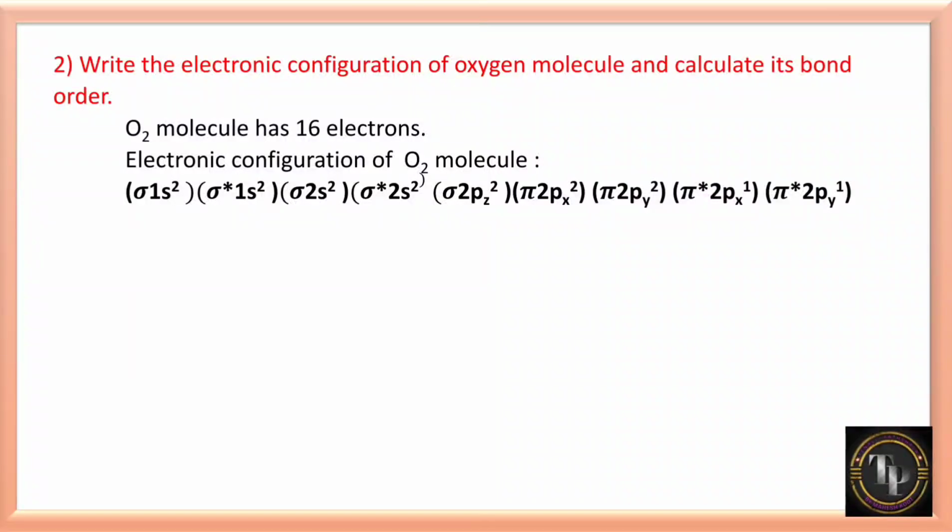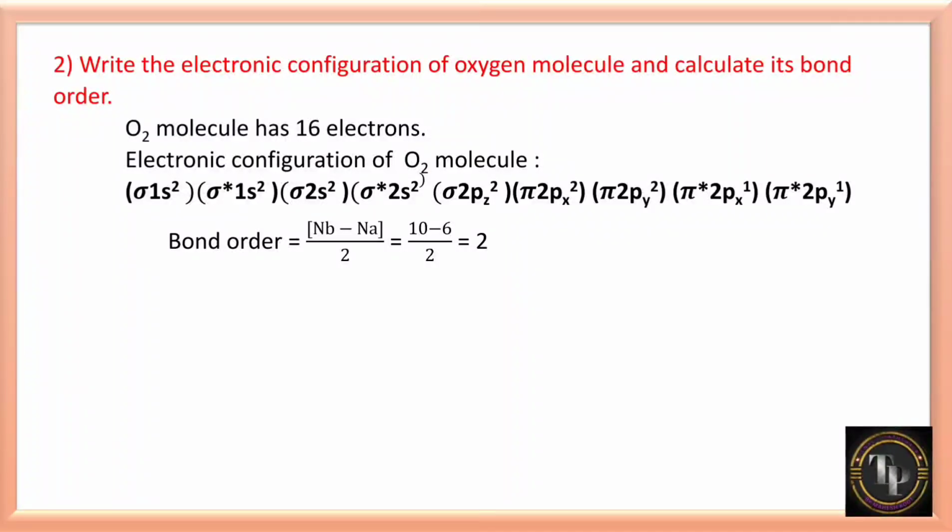So this is the correct electronic configuration of the O2 molecule. Count the number of electrons: 2, 4, 6, 8, 10, 12, 14, 15, 16.